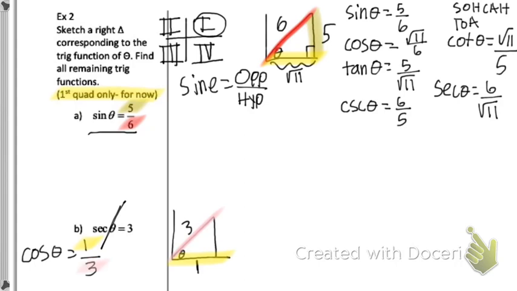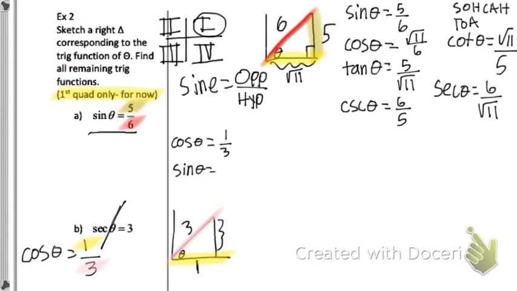Now let's find the 6 trig functions. We already know cosine of theta equals 1 over 3. I'll write secant of theta last, so it's easier. Let's do sine of theta. We need to find this side here first.